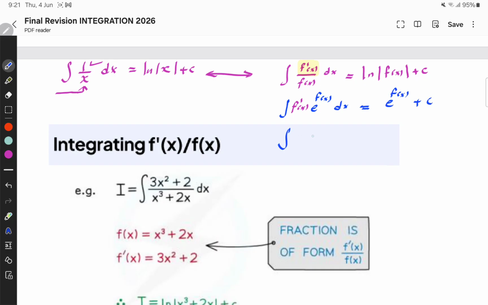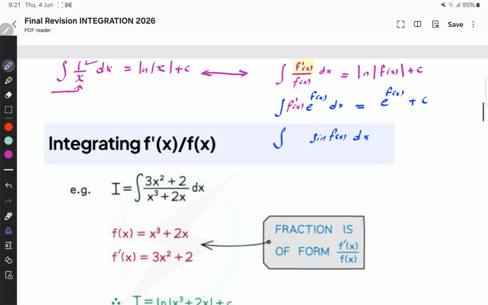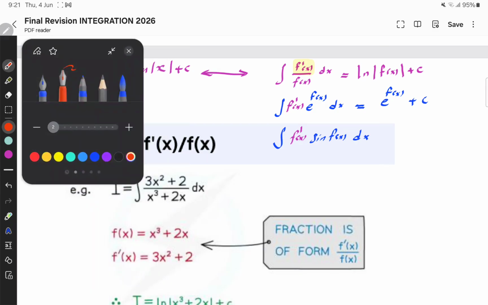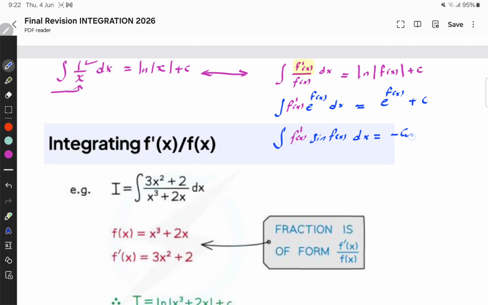Also, the integral of sine f of x with respect to x. If you have f prime of x outside, you can solve using recognizing, where that is rejected, and the answer here will be negative cosine f of x, all of that plus c.